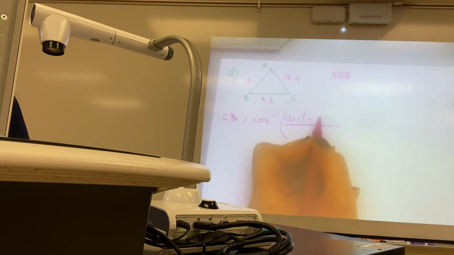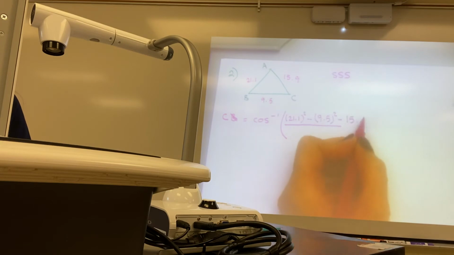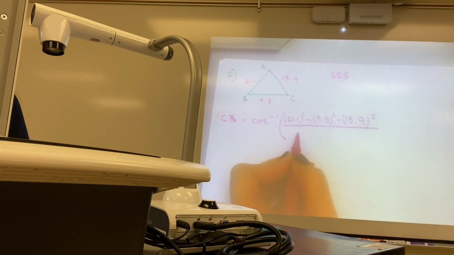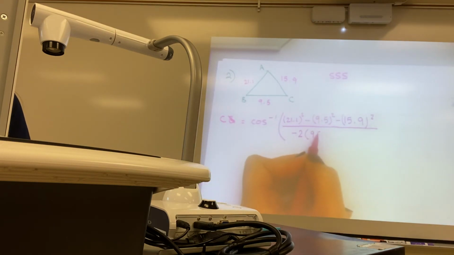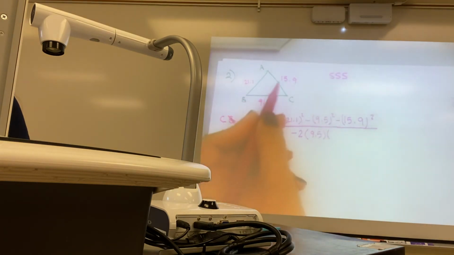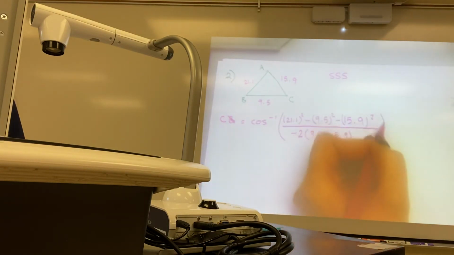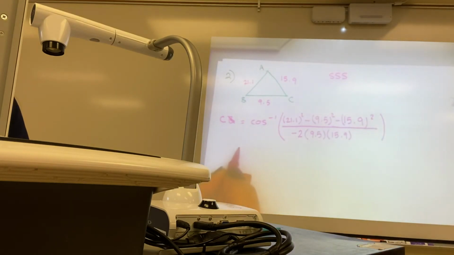Minus 9.5 squared, minus 15.9 squared, divided by -2 times A, that's 9.5, times side B, 15.9. Okay, and this should give you angle C equals 109.8 degrees.